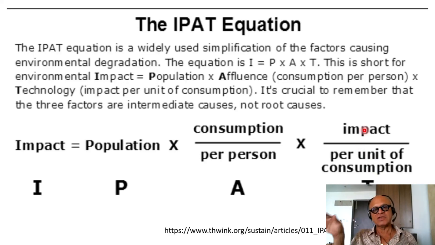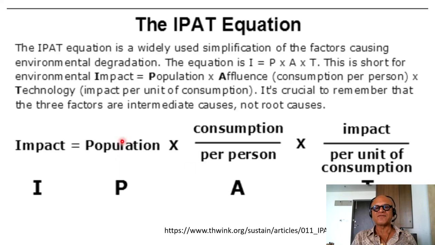And of course, in the 21st century, we want technology to drive us towards decarbonization, net zero, efficiencies, reduced emissions, and so on. It's crucial to remember, though, that the three factors are intermediate causes and not root causes.